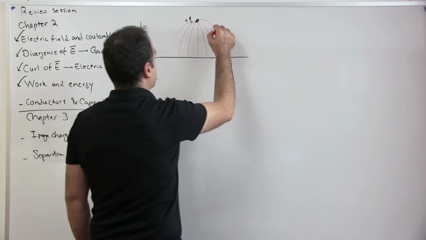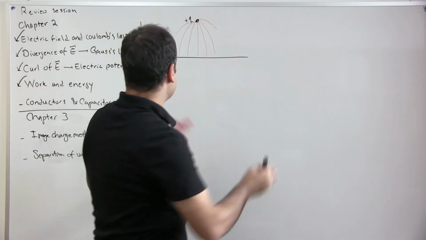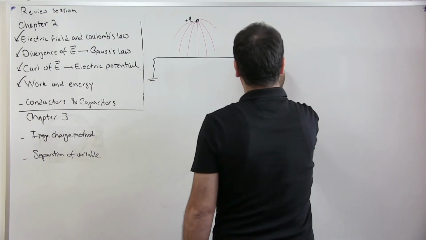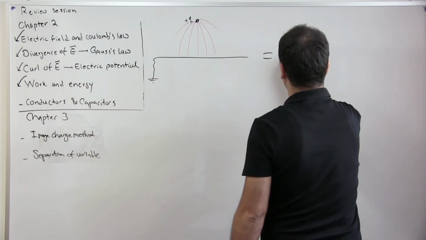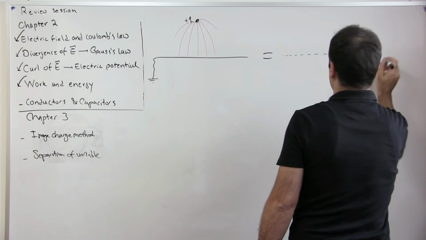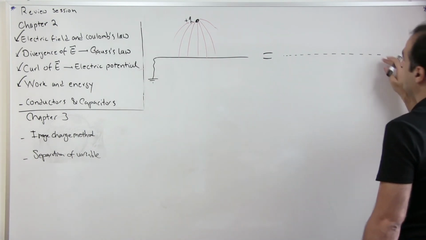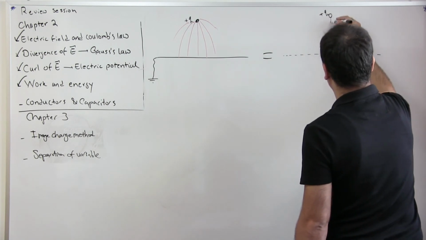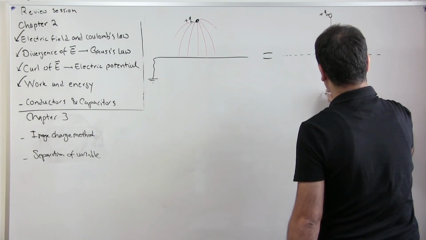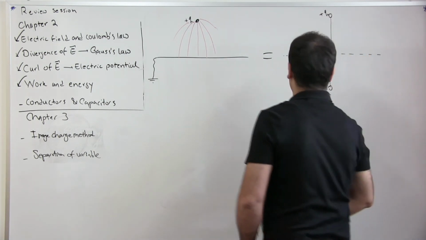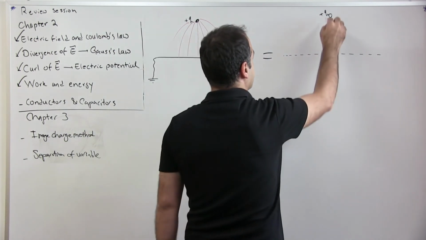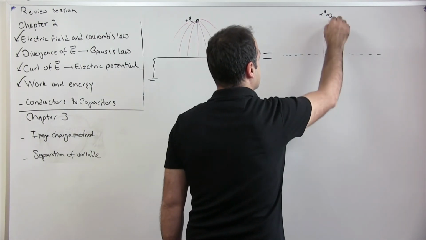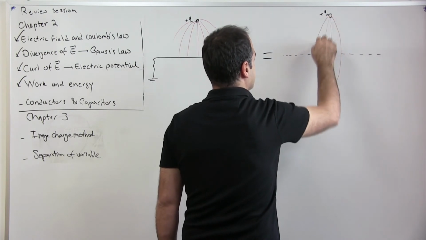We said that the situation here is very similar to the situation where we do not have anything here, but instead we have a charge of negative Q on the other side. And we know the field lines created by these two charges look like this.